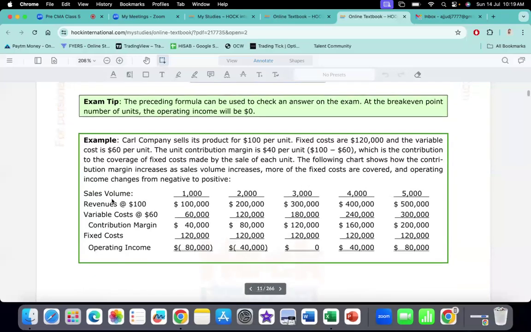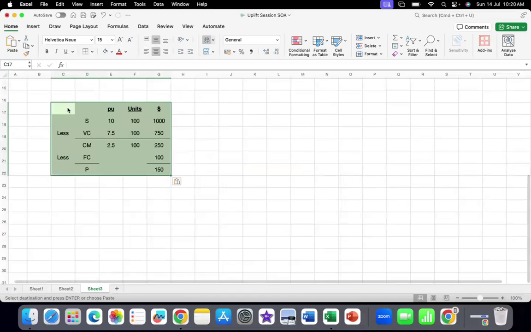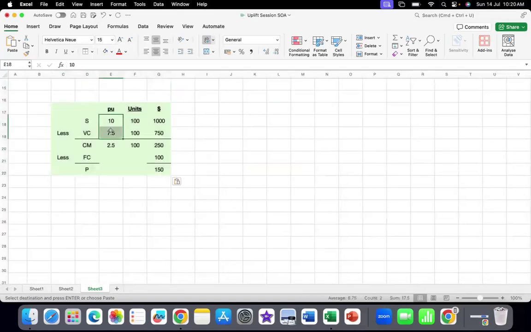This is kind of an eye-opening example, which says Carl company sells its product for 100 per unit. So this is your selling price now. What I'll do, when I get these types of questions, I have my table ready. I am not aware before reading the question whether it is given per unit or in totality, so I'll just make everything zero.